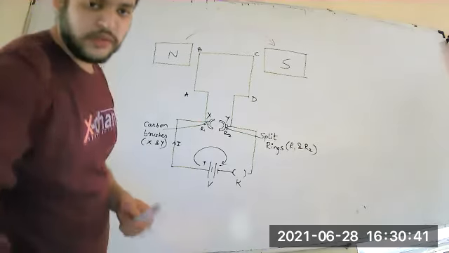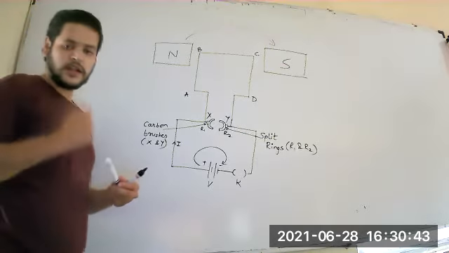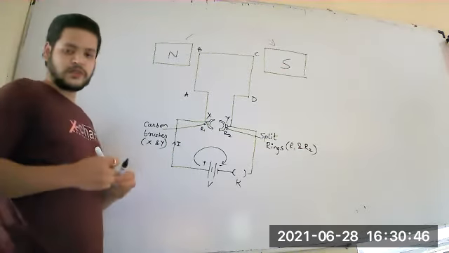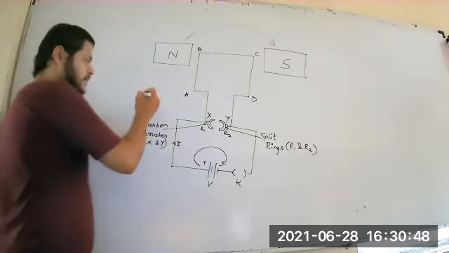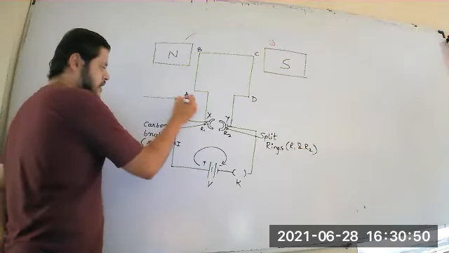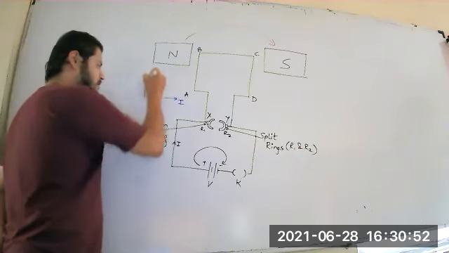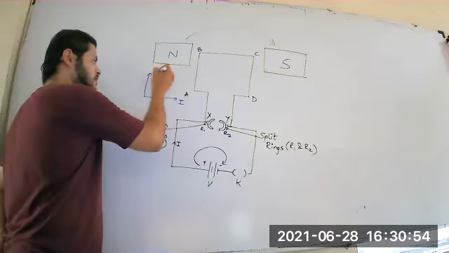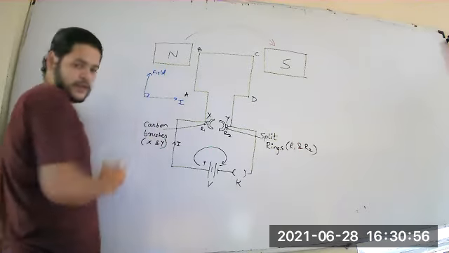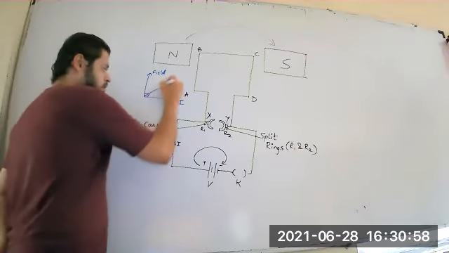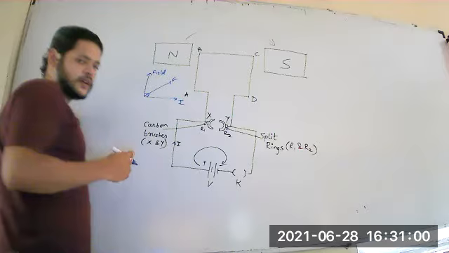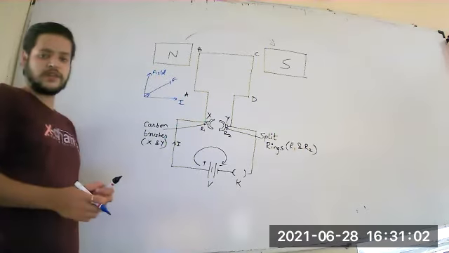Now before going to the working, let us quickly revise what is Fleming's left hand rule. Fleming's left hand rule says that if the current and the magnetic field are perpendicular, then force is generated in the direction of the third axis.